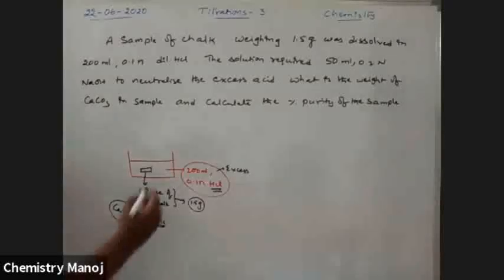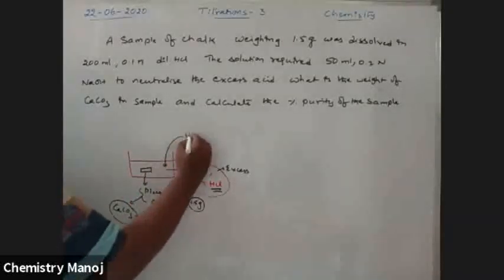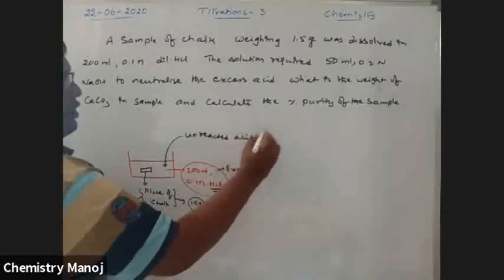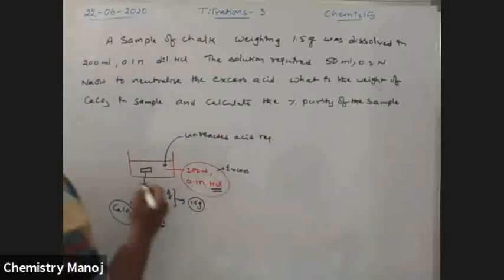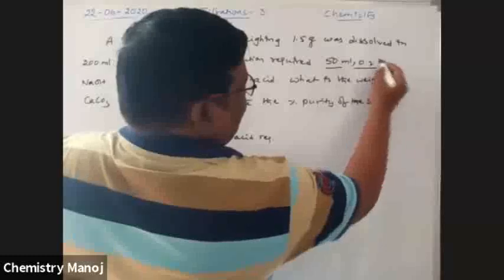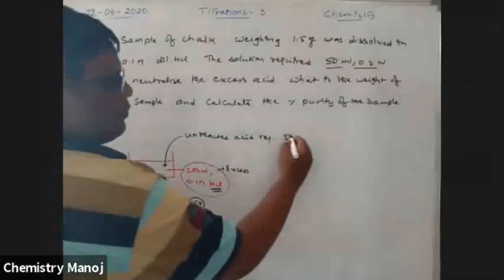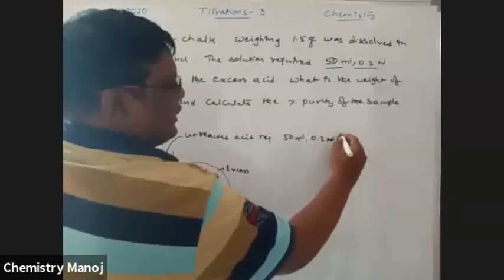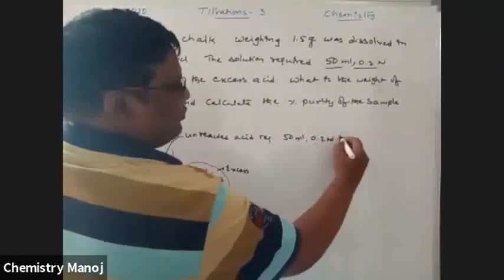That unreacted acid required 50 ml of 0.2 N NaOH solution.